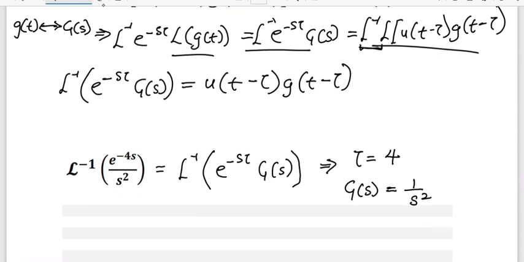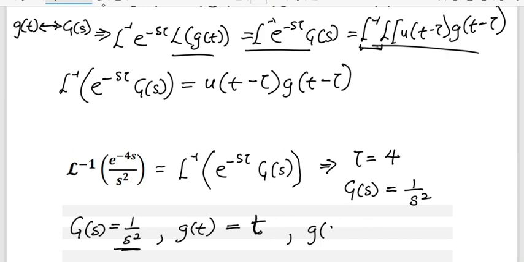If our G(s) is 1 over s squared, then our g(t), which is the inverse of this, will simply give us t. Now that we found our g(t), then our g(t minus tau) will be t minus 4.